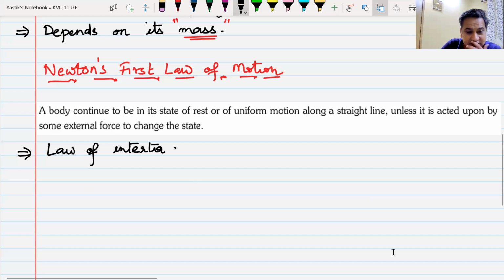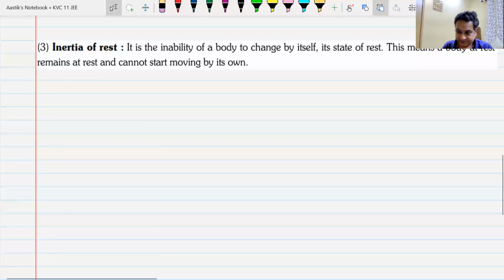The first type of inertia is inertia of rest, if you want to call it that way. What does that mean? If a body is at rest, it will remain at rest. This property can be called inertia of rest. You have seen many examples of inertia of rest, right?